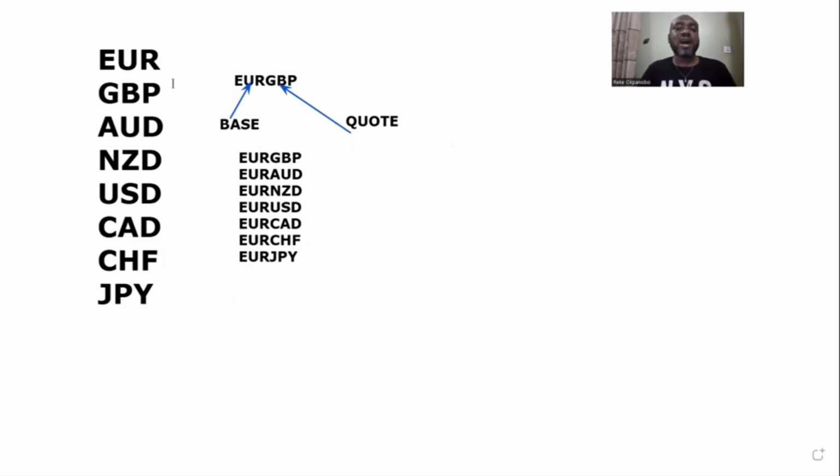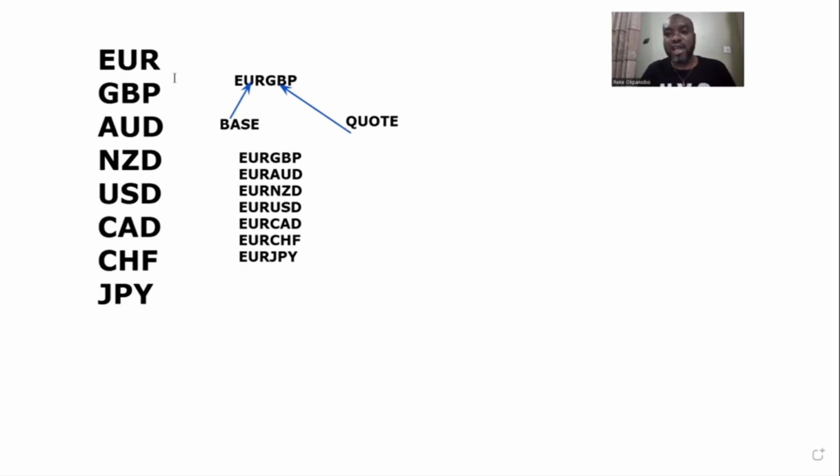Now the next one, which is the GBP: you can only have euro as the base currency against GBP. For every other pair, GBP is the base currency. But euro is the universal base currency, the only currency that is greater in terms of the hierarchy.